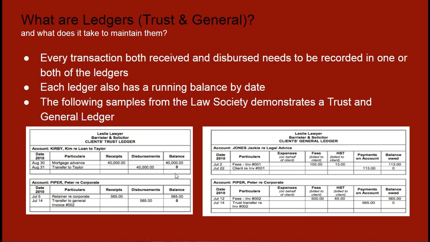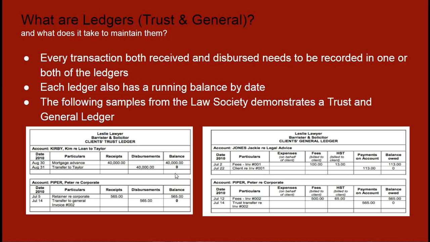And of course, there's a running balance based on the amount of money that's gone in, the money that's been taken out of that trust account pertaining to each client matter. So if you have multiple matters with the same client, it would be categorized for each matter.